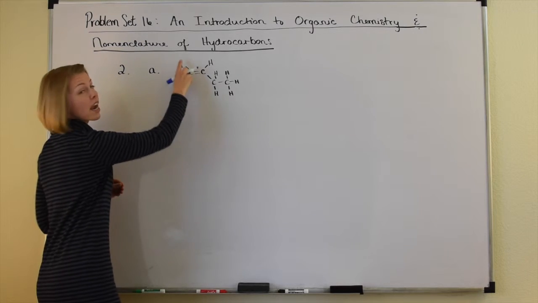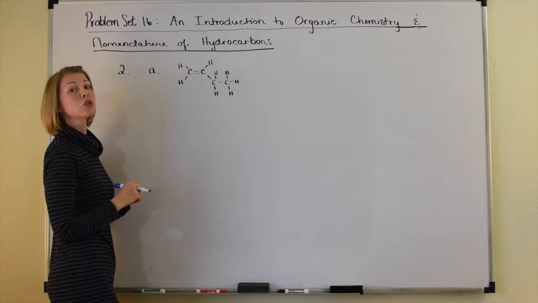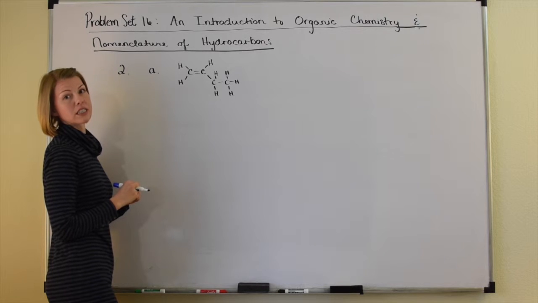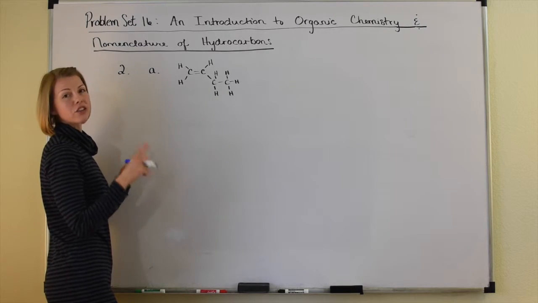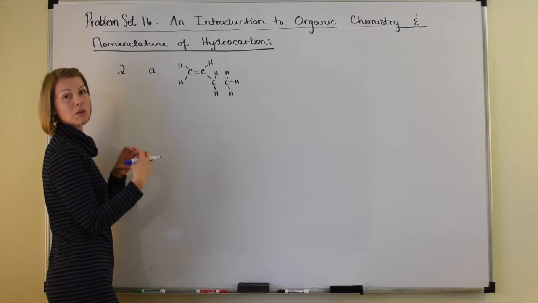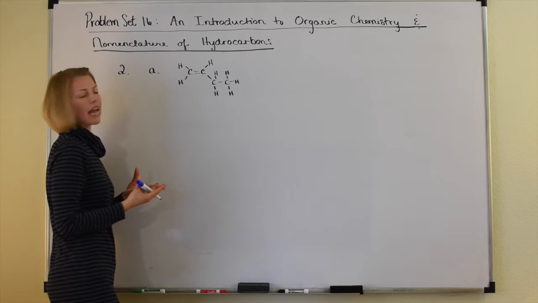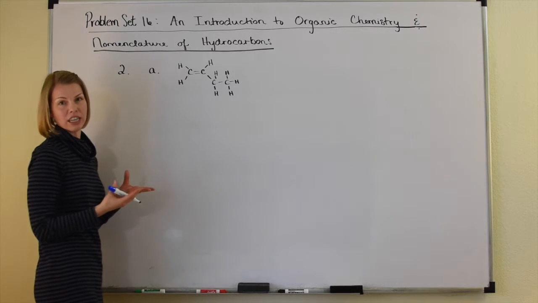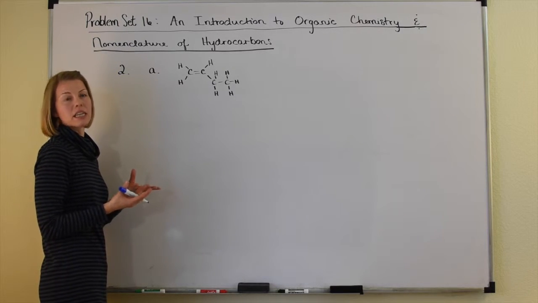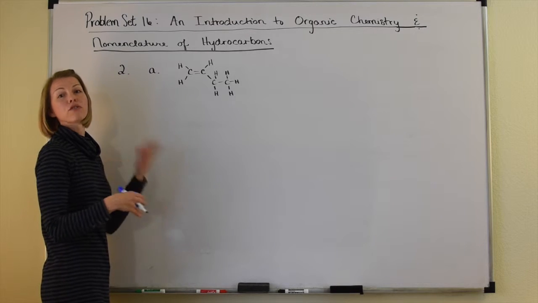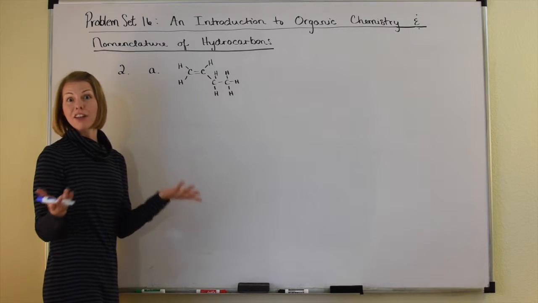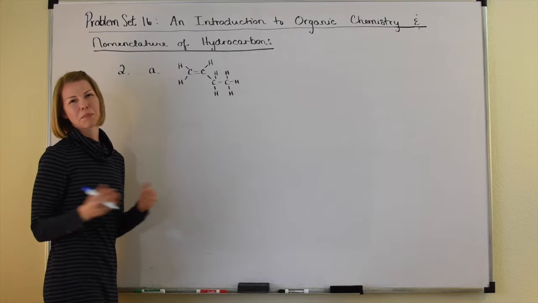You want to compare the 2 substituents on that carbon that is part of the carbon-carbon double bond. Remember that if either carbon that's part of that double bond has the same 2 substituents, then it can't possibly have a cis and a trans isomer. Because that means that even if you break the bond and you flip the position of the 2 substituents, nothing's going to change, right? It's going to be the same molecule.